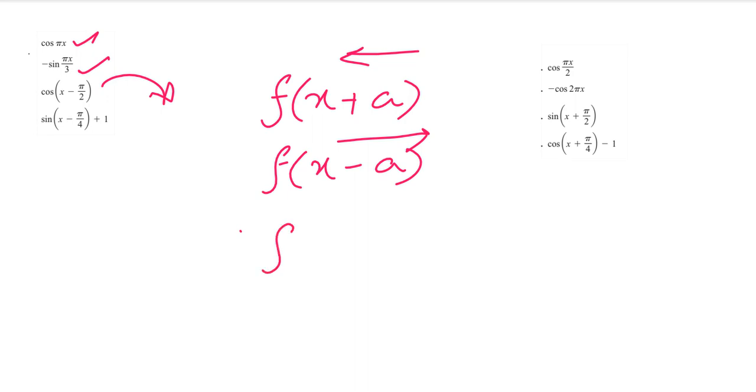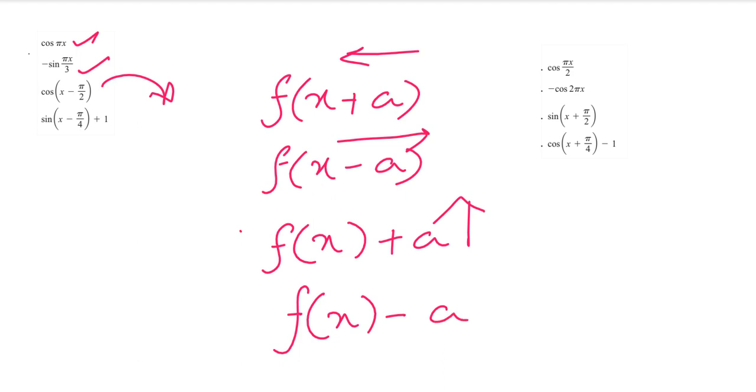But when we add something outside the function, the graph will move upward. When we subtract something outside the function, the graph will move downward. So over here, the thing involved is of this type.